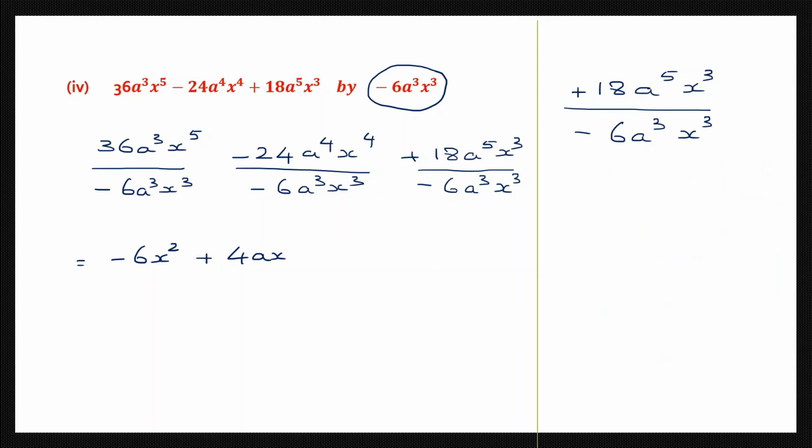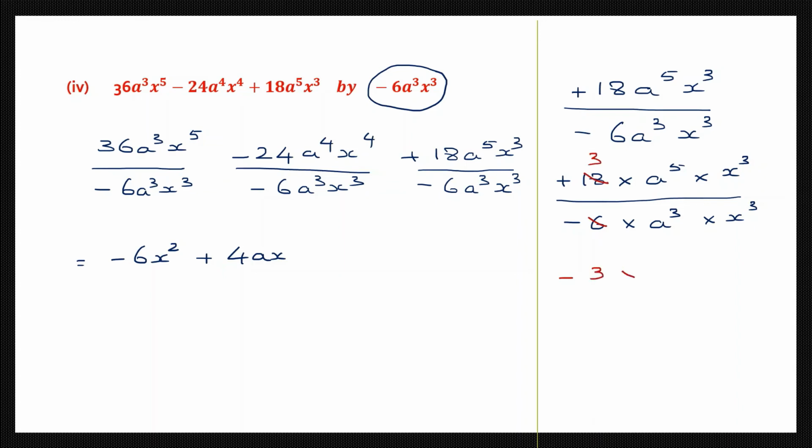Now we can take the third term. So we have the third term here. Let's write that plus 18 into a to the power of 5 into x to the power of 3. And in the denominator we have minus 6 into a to the power of 3 into x to the power of 3. Cancel. Now minus into plus is minus. 6 threes are 18. So that is 3 into a to the power of 5 minus 3 into x to the power of 3 minus 3.